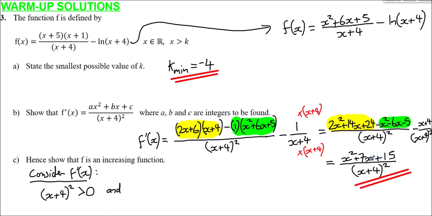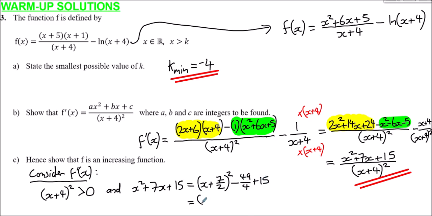And then the numerator, x squared plus 7x plus 15, I can complete the square on this. That's going to give me x plus 7 over 2 all squared, minus 49 over 4 when I complete the square, plus 15.